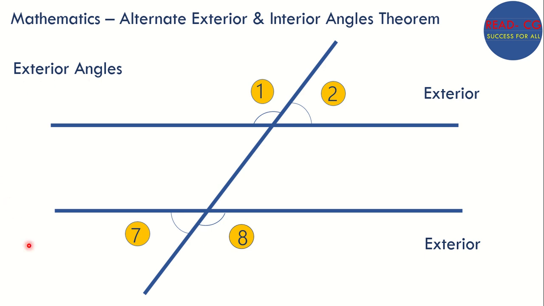Similarly, here angle 7, angle 8, both angles known as exterior angles. So here angle 1, angle 2, angle 7, angle 8, all these angles are called exterior angles.